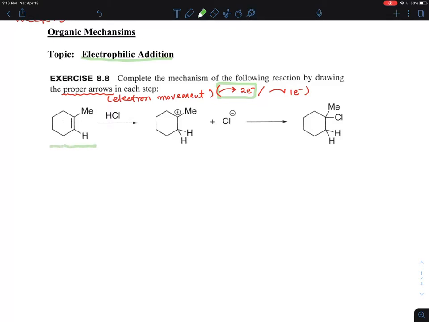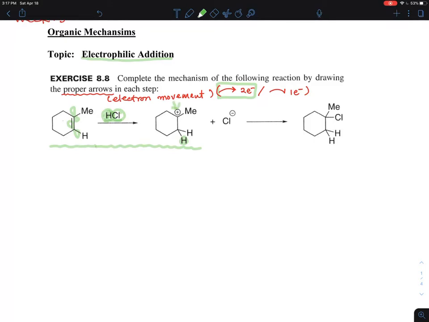This molecule has this pi electron, which is electron rich, and this is an HCl that likely dissociated into H plus and Cl minus. And this one actually shows me that essentially this H was forming a bond on the bottom side and leaving the carbocation at the top.